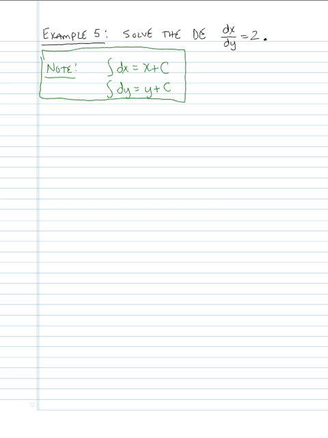So this first one that we're looking at, dy over dx, derivative of y with respect to x equal 2. Well, the technique that we'll use here, although dy over dx really isn't a fraction, it stands for derivative of y with respect to x, we're going to treat it as a fraction.